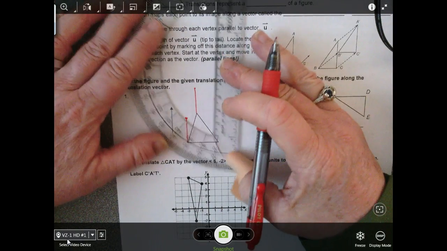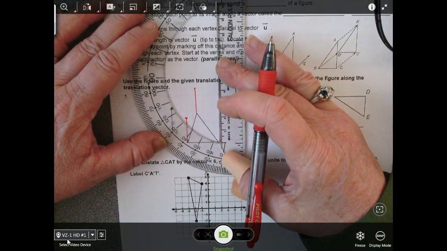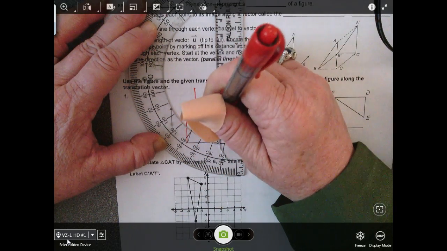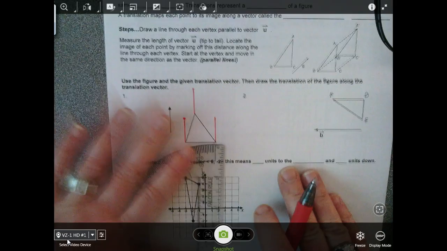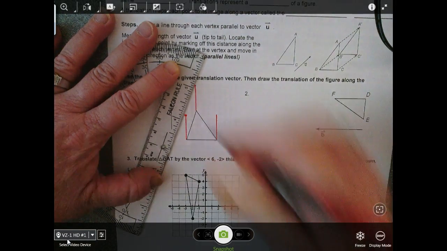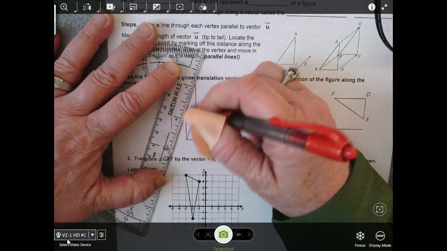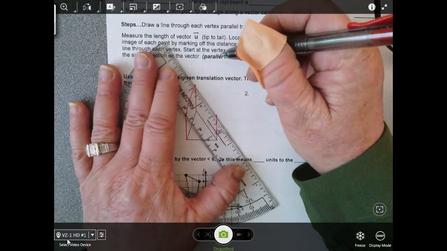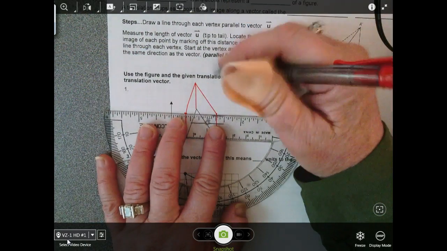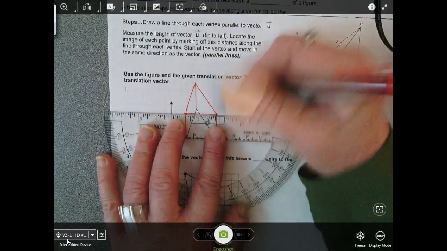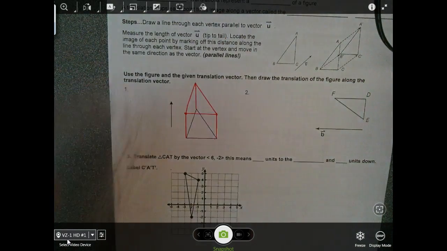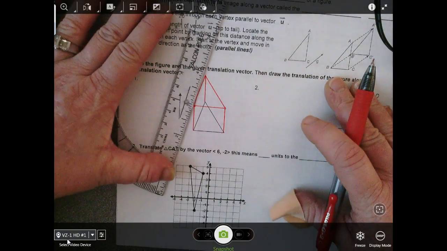Do that with each corner, and then connect those points. If you do draw all the lines, it makes a 3D object. I didn't do this very straight.